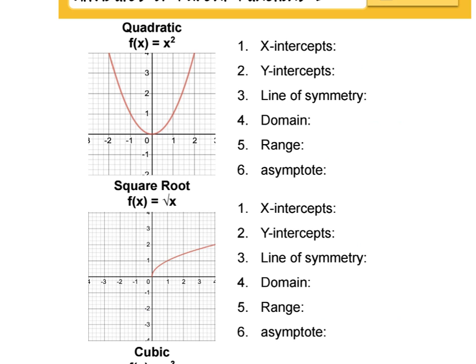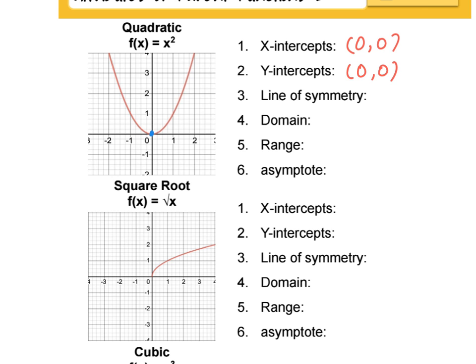The quadratic parent function, which is f of x equals x squared. This type of graph is called a parabola, right? So the x-intercept and y-intercept are the same as we've been seeing in other graphs. It is going through the origin, so it will be 0, 0.